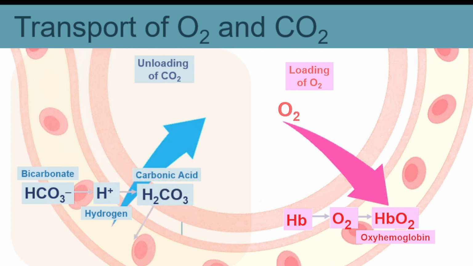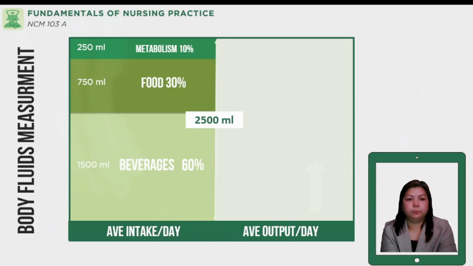Carbonic acid splits to form water. This water stays in your intracellular fluid, and carbon dioxide is then produced and diffuses from your blood to your alveoli.